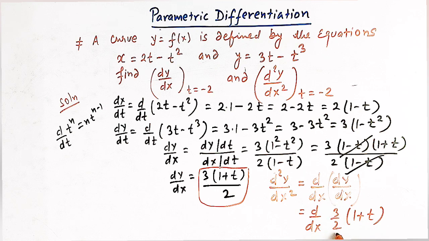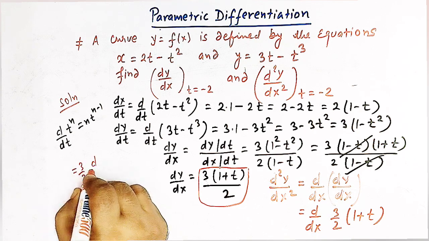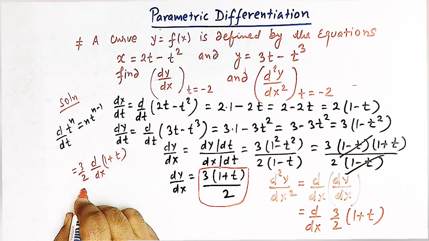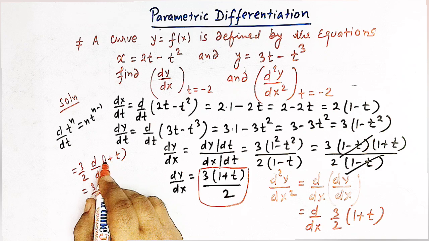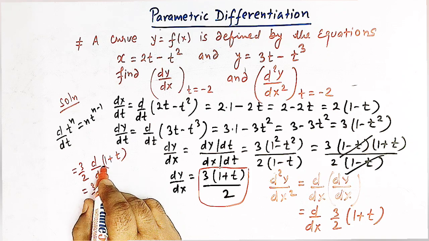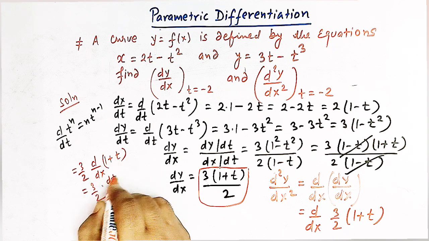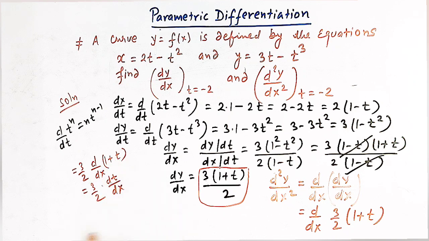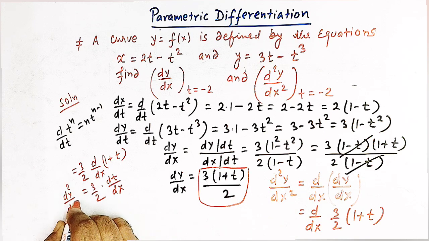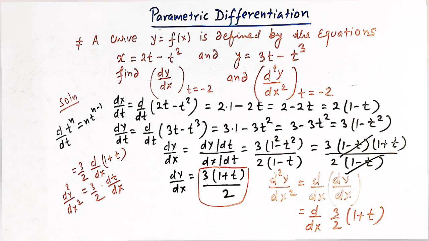Right now 3 by 2 is a constant, so we have 3 by 2, then we have d by dx of 1 plus t, right? Now see, the derivative of 1 with respect to x is 0, being a constant. So we have simply here dt over dx. So the second derivative, that is d2y over dx2, is equal to 3 by 2 times dt over dx.